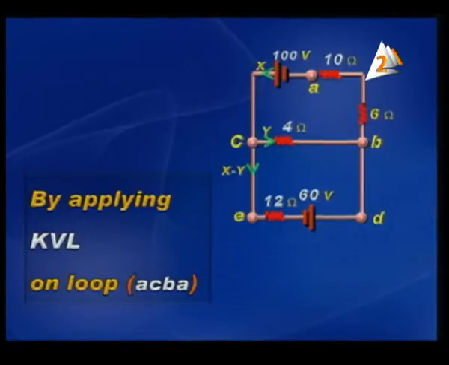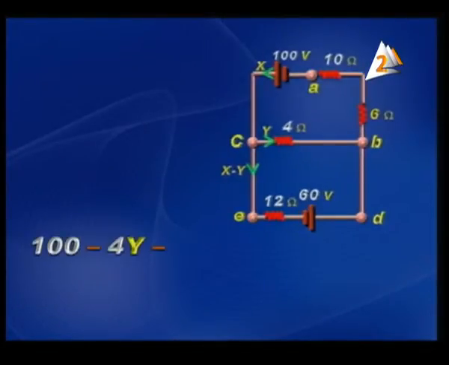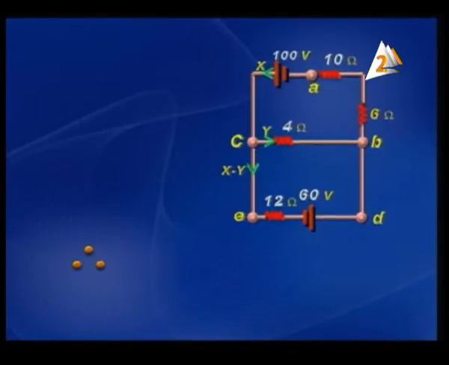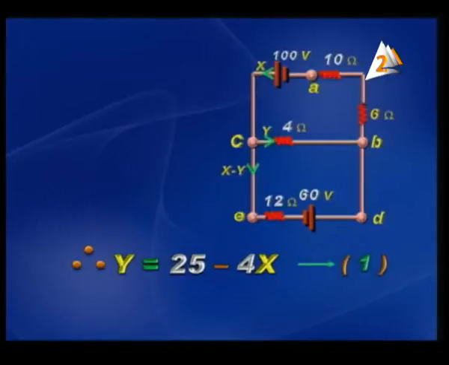And we'll apply Kirchhoff's voltage law on loop A, C, B, A. So we can say 100 minus 4y minus 16x equals 0. So 100 minus 16x equals minus 4y. So y equals 25 minus 4x. This is the first equation.